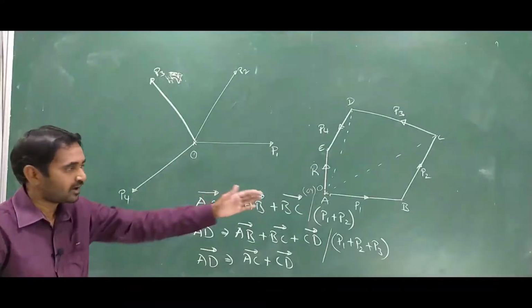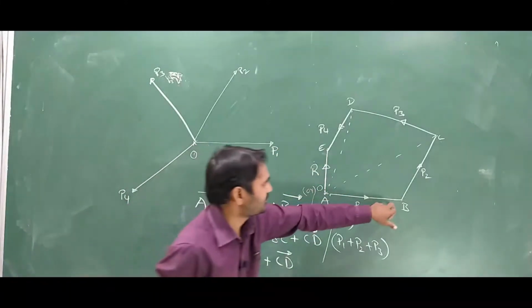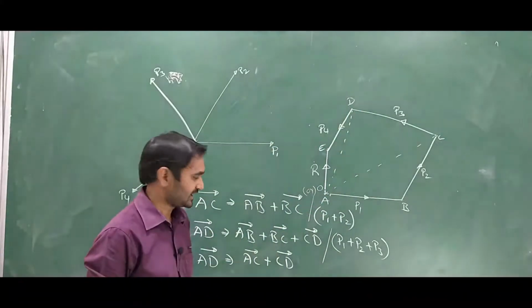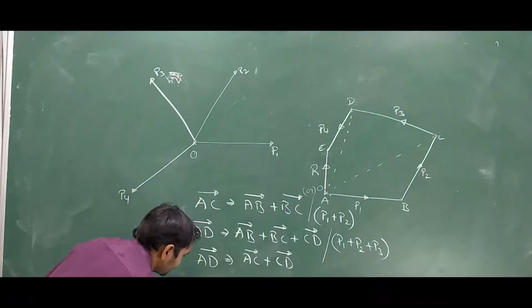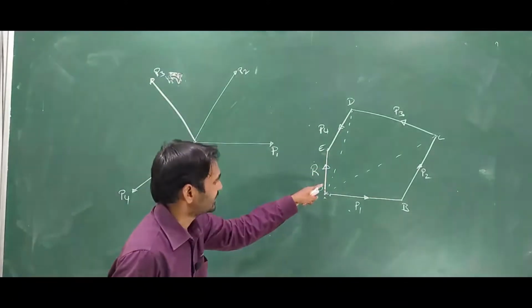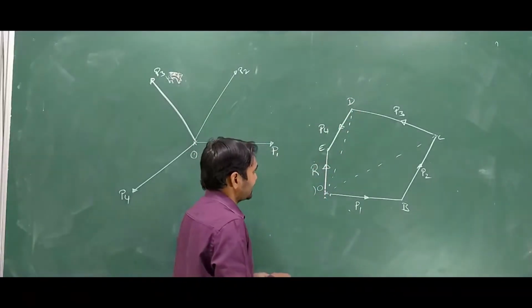We'll see how to find AE. If I want AE, then AB plus BC plus CD plus DE. AC is finished, AD triangle is finished. Now I want AE.